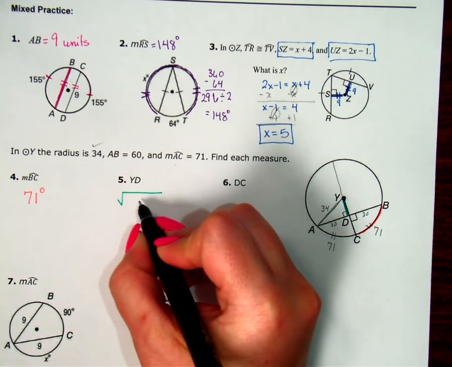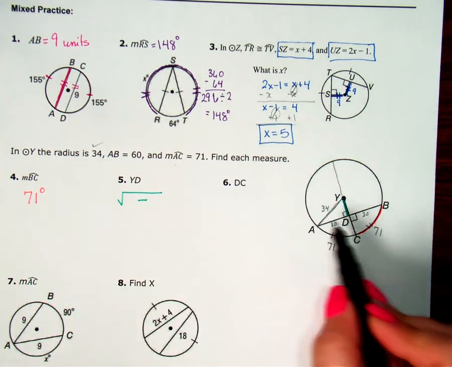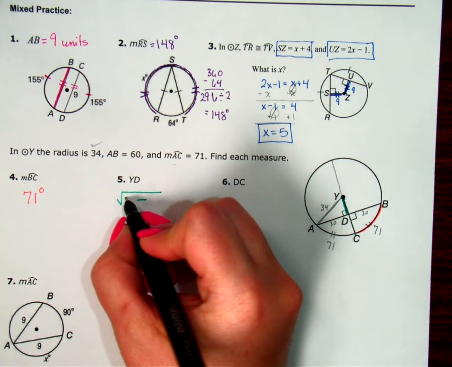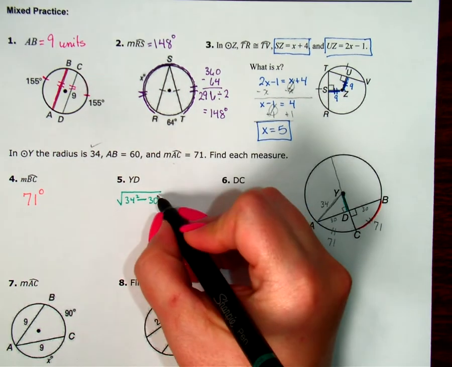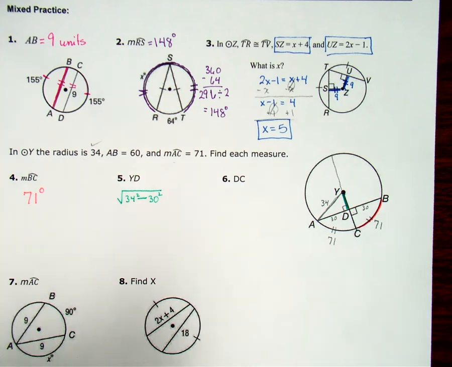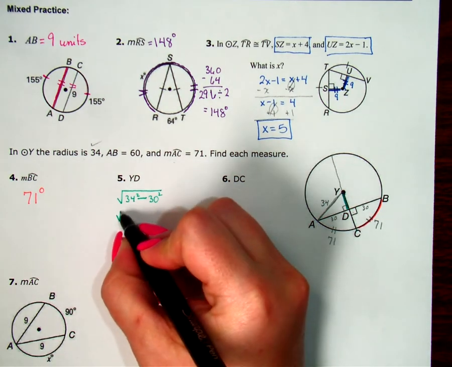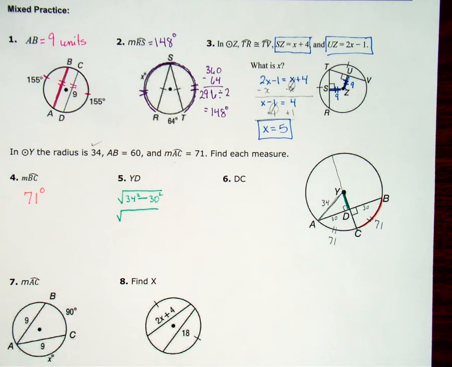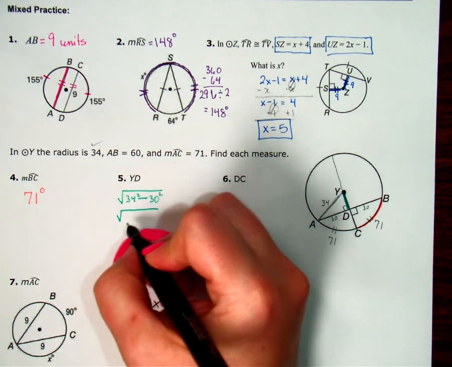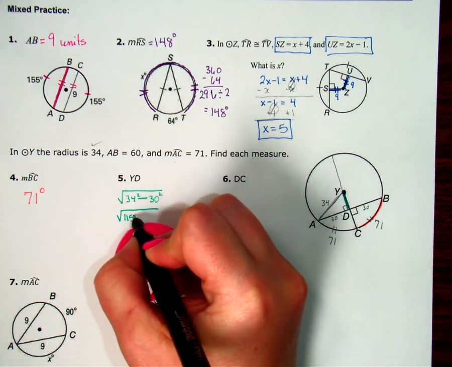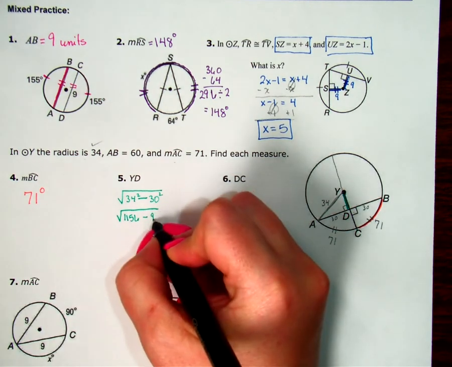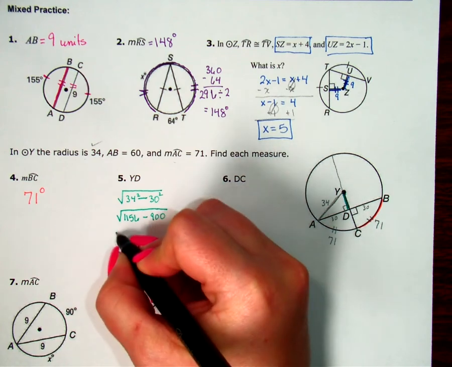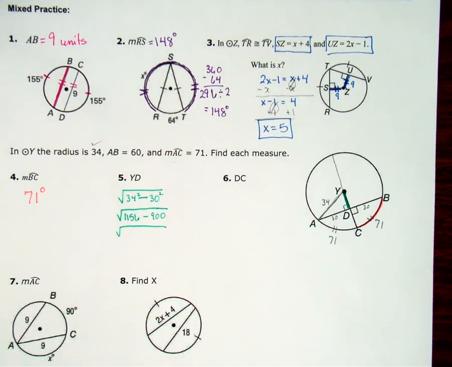So inside my square root, I'm going to subtract. My bigger number is 34, so I'm going to square both of them to figure out how long Y to D is. 34 squared is 1156 minus 30 squared is 900. So that is the square root of 1156 minus 900.